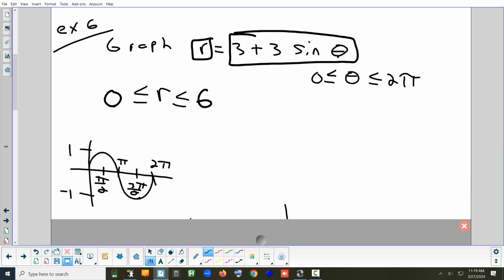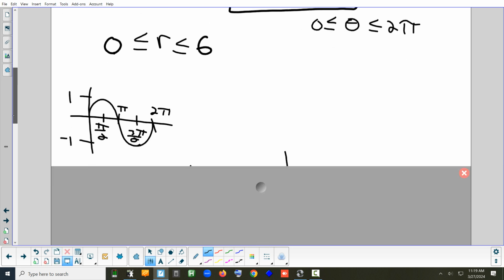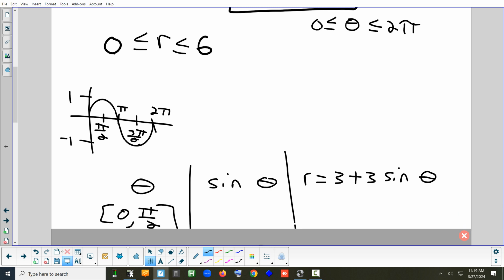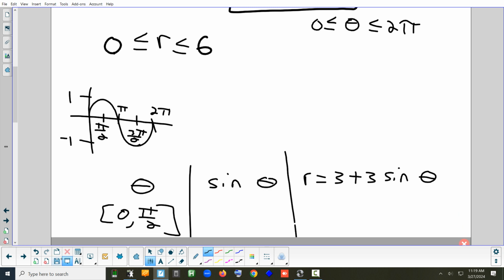Now, here's a graph of sine. That's going to help us to figure out what's going to happen if you triple sine and then add 3 to it. But we really have to understand what's happening to sine before we can triple it and add 3. What we're going to do is break it up into 4 sections.